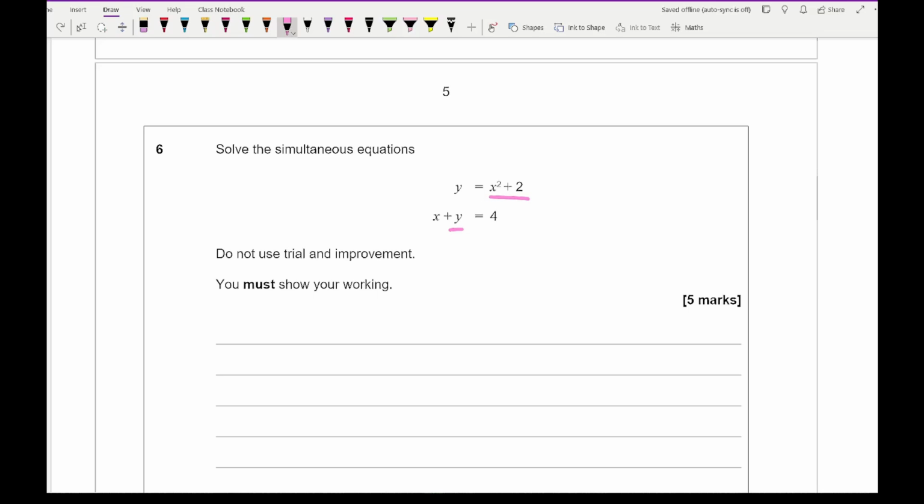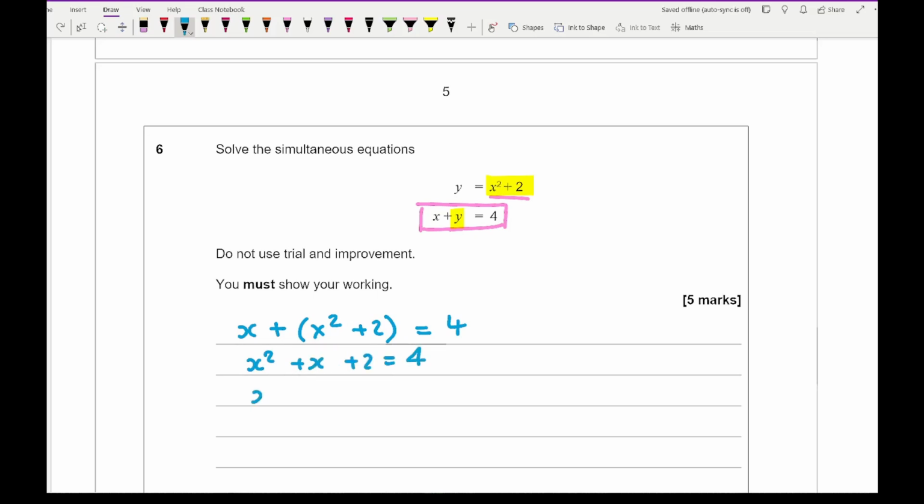So if I then use this equation, and instead of using the y, I'm going to swap that with this. So what I end up with is x plus, instead of writing y, I'm going to write x² + 2, and that equals 4. So then simplifying the left hand side, I get x² + x + 2 = 4.